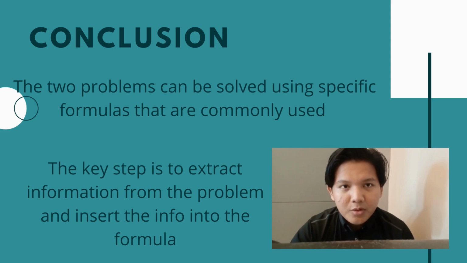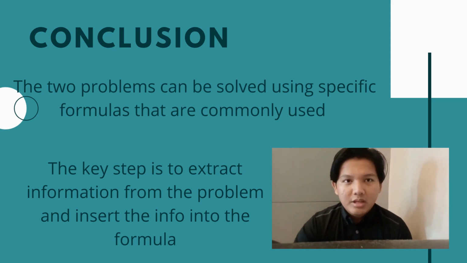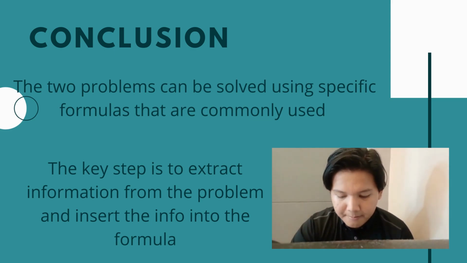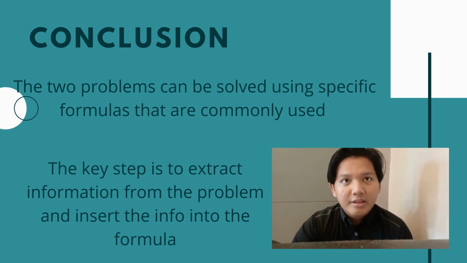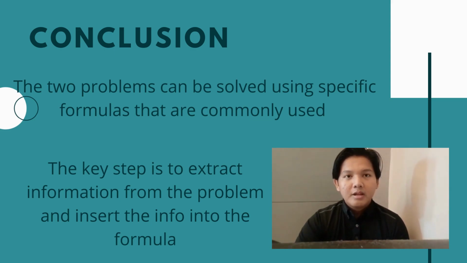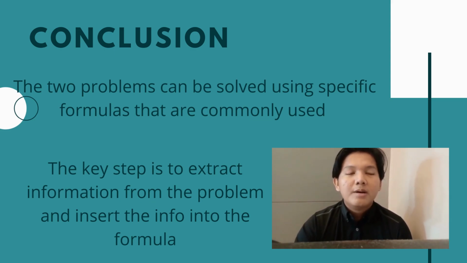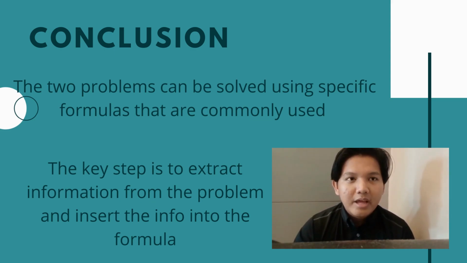For Newton's problem, we can use the formula T equals Ts plus (T0 minus Ts) multiplied by e to the power of negative kt. Using the information that we obtain from the problems, we can insert it into the formula to solve the problem. That is all from us. Thank you.